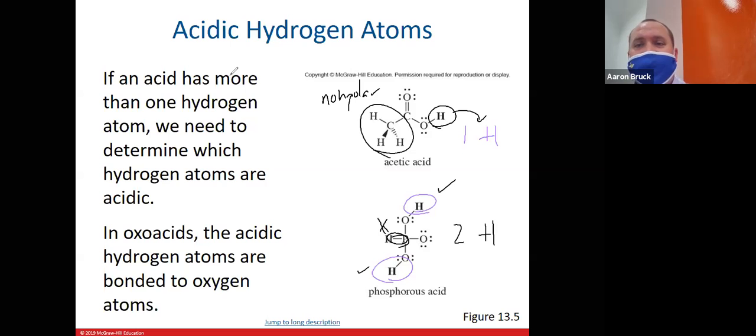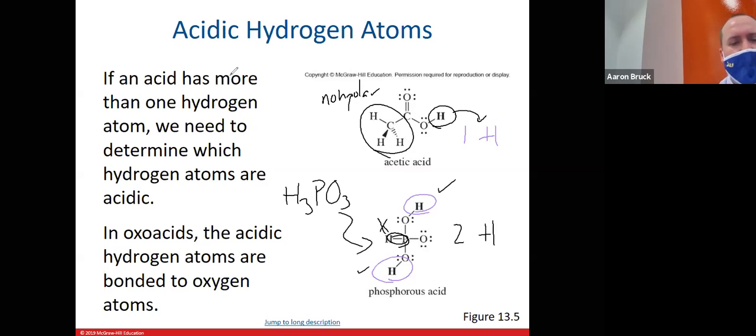So for phosphoric acid, even though its formula is H3PO3, based on its structure only 2 of those hydrogens are actually acidic, would actually give up ions. And so we have a name for that.